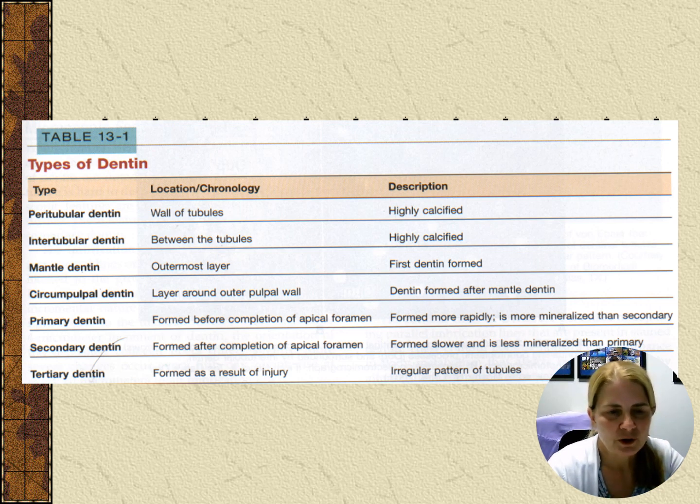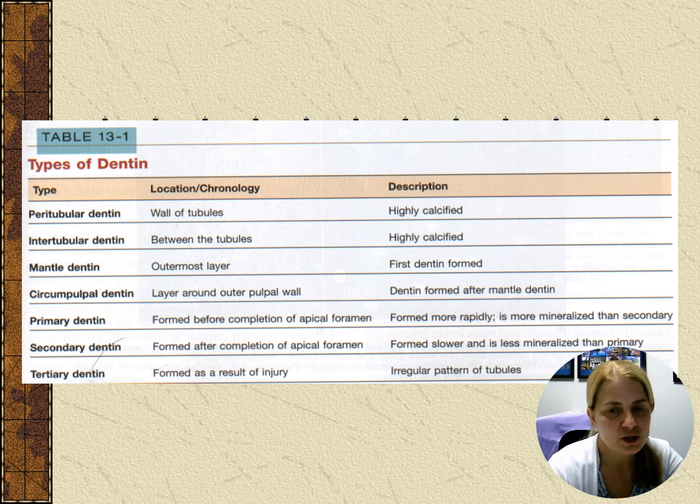We have the primary dentin, that's the bulk of the dentin in the tooth. That is formed before completion of the apical foramen. So that's formed when the tooth is finishing forming. That's formed more rapidly and is more mineralized. Then we have secondary dentin, which is formed after completion of the apex on a tooth.